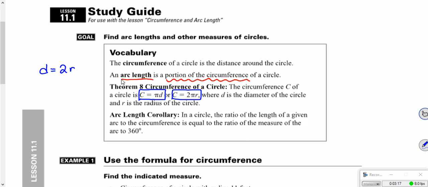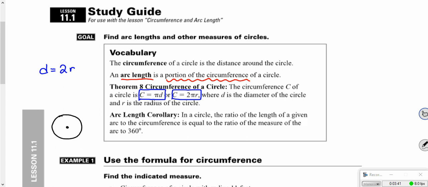Okay, now arc length corollary. Next thing on our vocab box here. In a circle, the ratio of the length of a given arc to the circumference is equal to the ratio of the measure of the arc to 360. Okay, so for instance, let me quickly draw a circle.